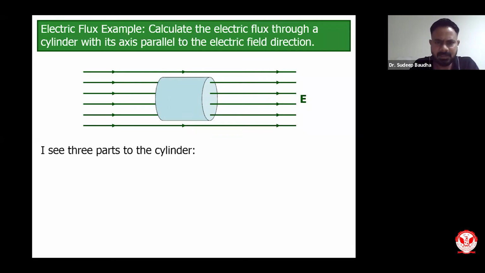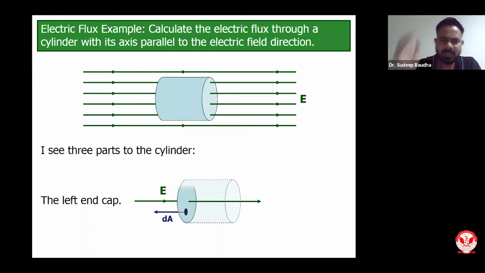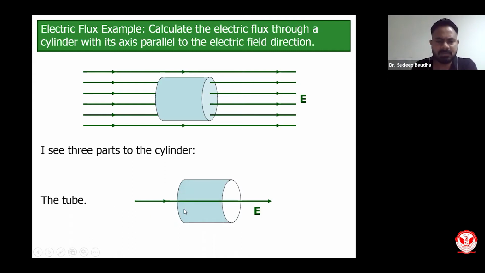If I look at this cylinder, there are 3 parts. First, the left hand cap, whose area vector will be in this particular direction. The second is the tube itself, the outer surface of the tube.